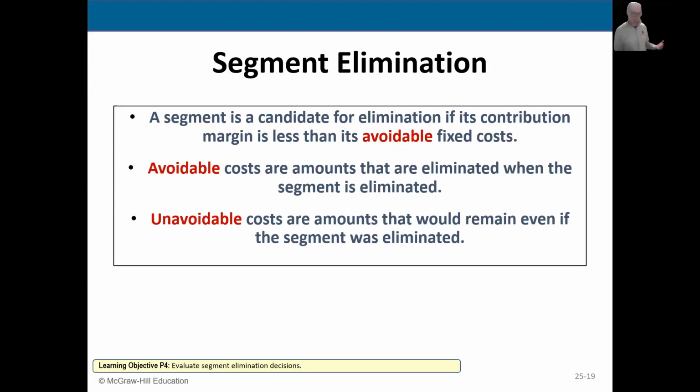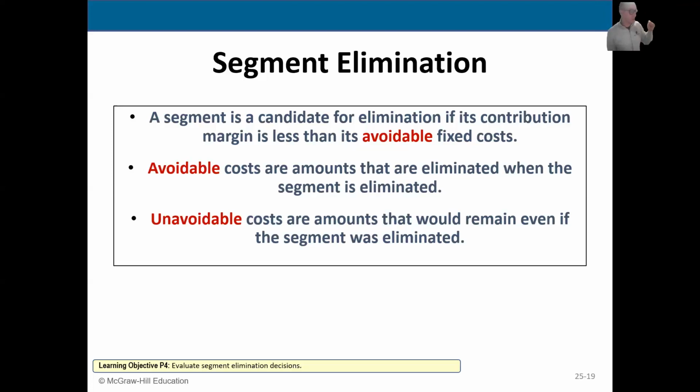Avoidable costs, as you recall from our earlier discussion in the last chapter, are the costs that can be avoided. Costs that are amounts that are eliminated when the segment is eliminated. Okay, they're avoidable costs. If I stop selling that product, all the costs related to making that product go away. But there's also unavoidable costs to consider.